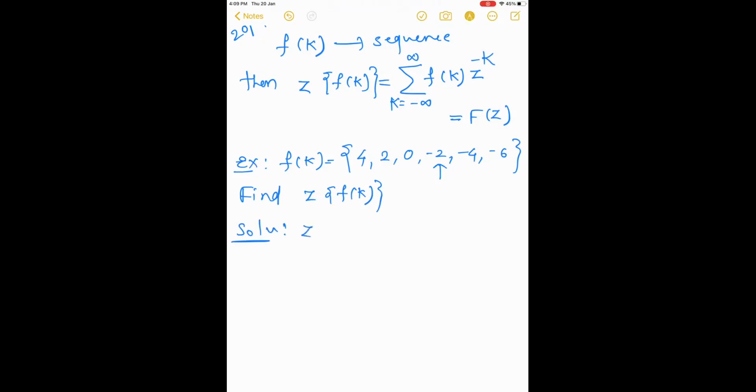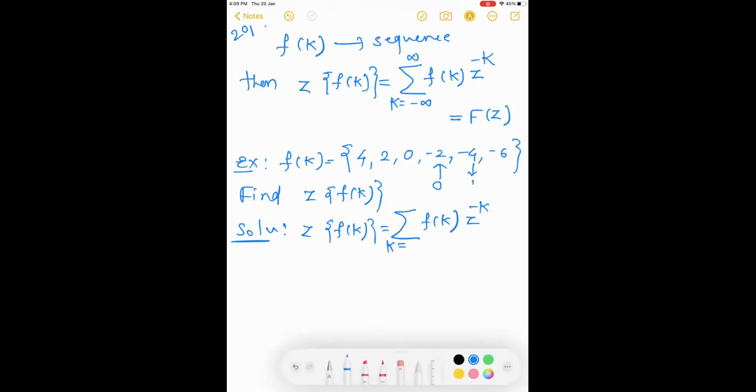So by the definition of the Z transformation, we'll put it first of all. That is summation of f of k multiplied by z raised to minus k, and k is from, now just see here, what are the values of k defined? This is the 0th position, this is the first position. Right side you have to take the positive values, left hand side negative values.